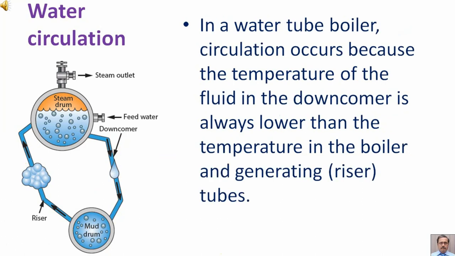In a water tube boiler, circulation occurs because the temperature of the fluid in the downcomer is always lower than the temperature in the boiler and riser tubes.